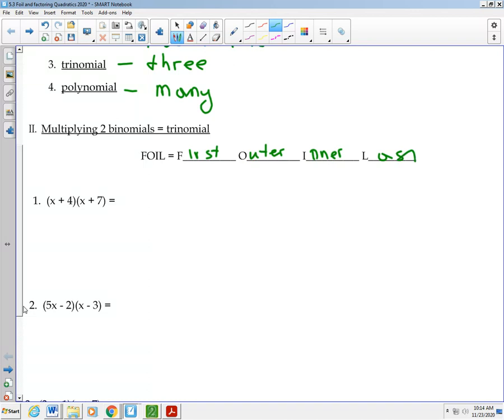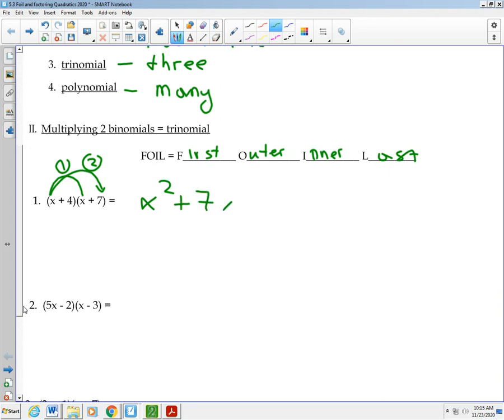So let me just do one example for you. When you multiply two binomials, first you do, that's your first step, x times x, which is x squared. Then you do outer, x times 7. That's your second step, and x times 7 is 7x.